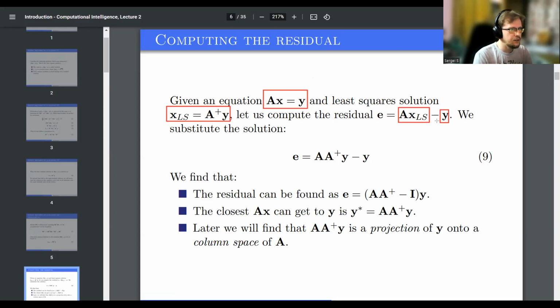We can take this expression for the least squares solution and substitute it directly in here. And that is how we get this expression here.